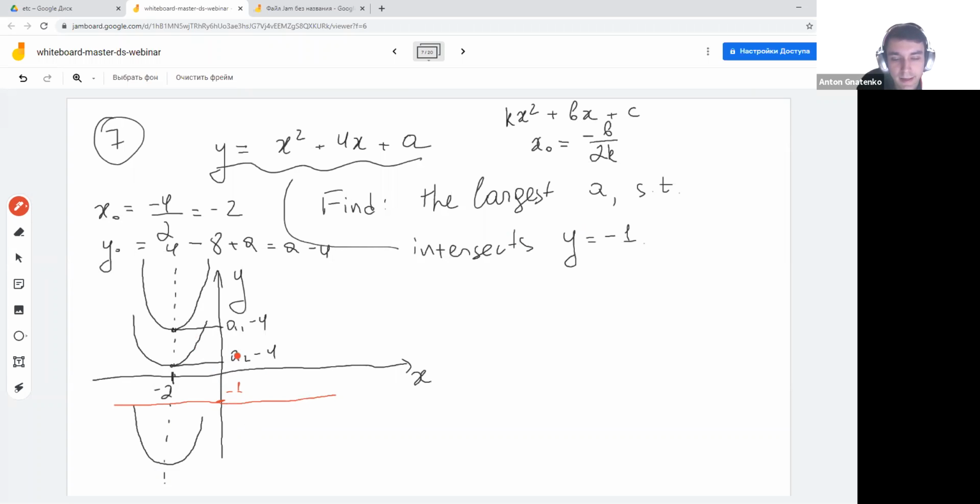We can see that as a grows, the parabola goes up, and at some point, when a is sufficiently large, it will not intersect this red line anymore. But for sufficiently small a's, it will intersect it. The very last time when it intersects the red line is when its vertex is here.